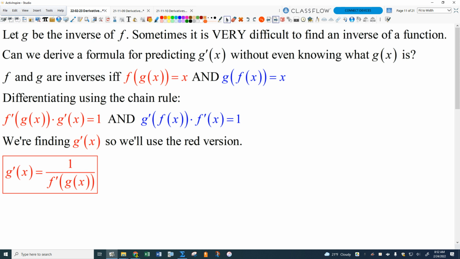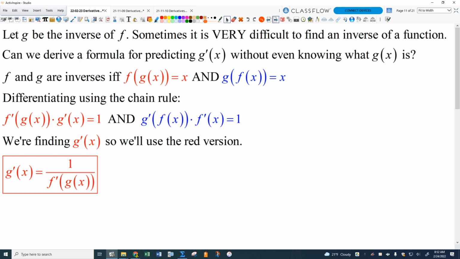So we're going to take advantage here of the definition of inverses. We know that the true definition of inverses, this is the test for inverses, is that f and g are inverses if and only if. That's what the iff means, remember, like a two-sided arrow. It means that the sentence goes in both directions.